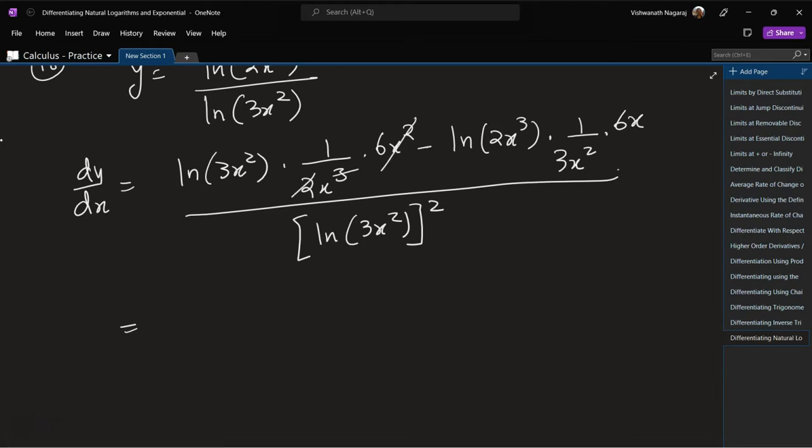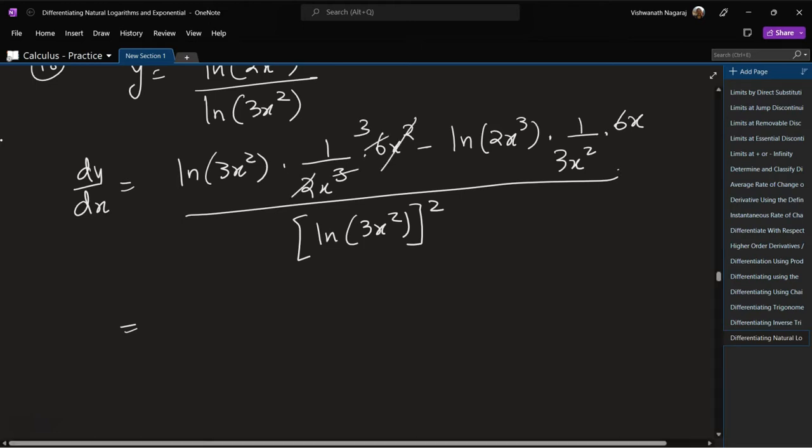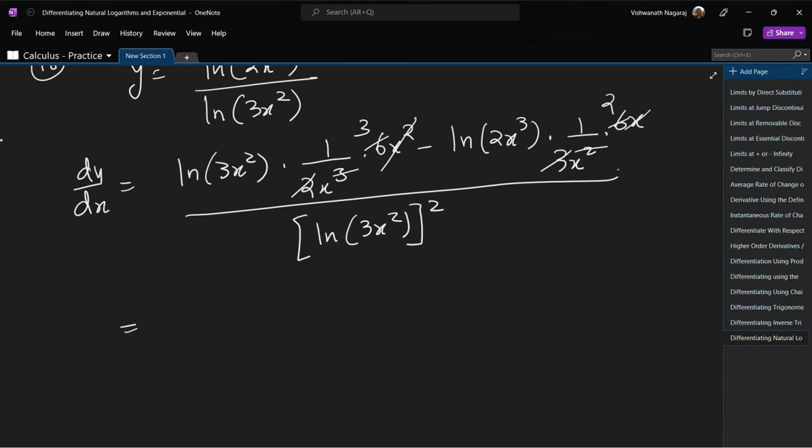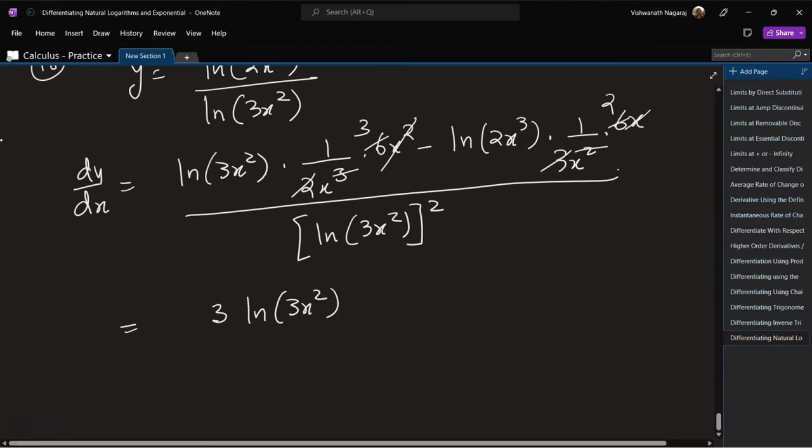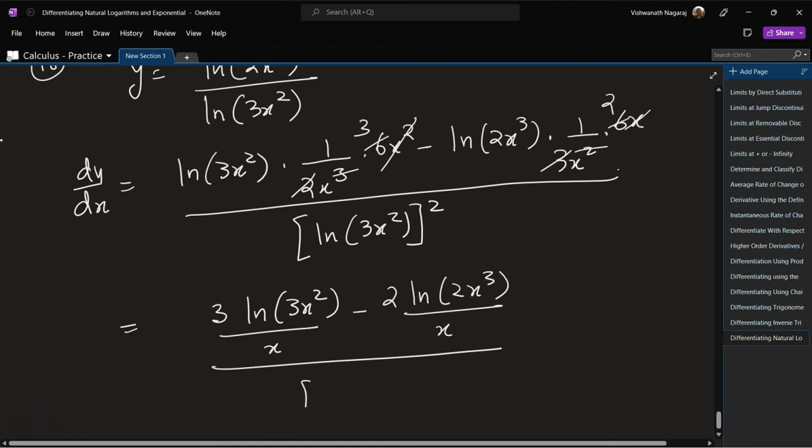x square, 2 3's. Similarly, 3 2's, 1x and 1x also. So we have 3 natural log of 3x square by x minus 2 natural log of 2x cube by x, divided by the square of the natural log of 3x square.